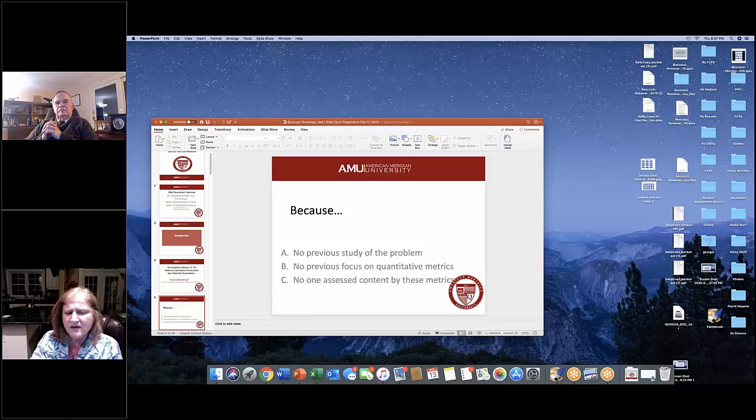There's been no focus on these metrics. There has been no assessment to measure retention and proficiency, which are my 2 metrics, and no one assessed content by these metrics.